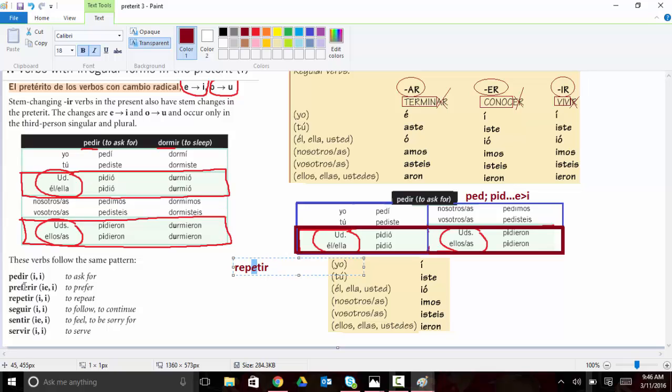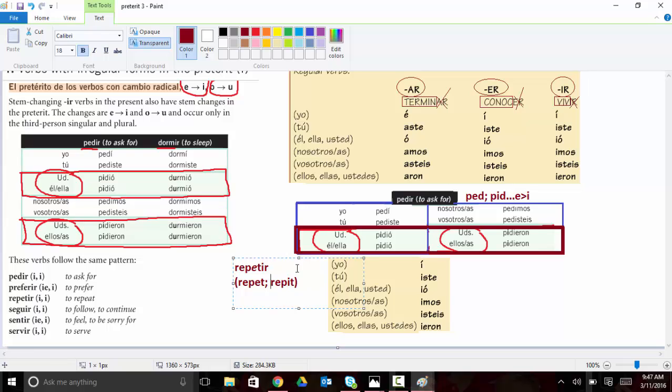It's going to be this E that changes, not the first one, okay? So the stems for repetir could be repet or repit.